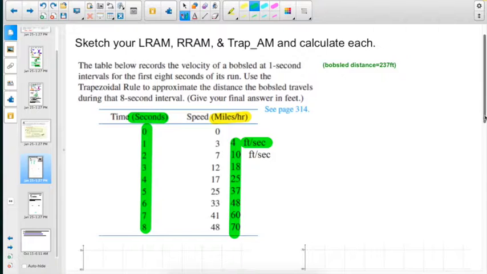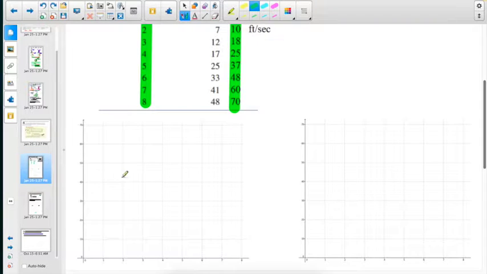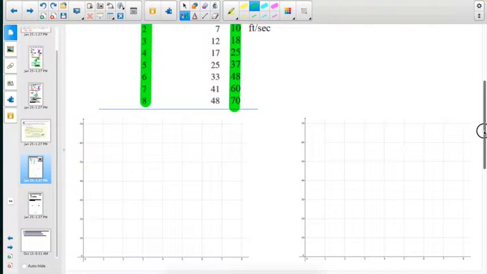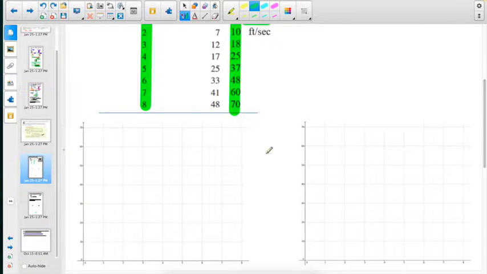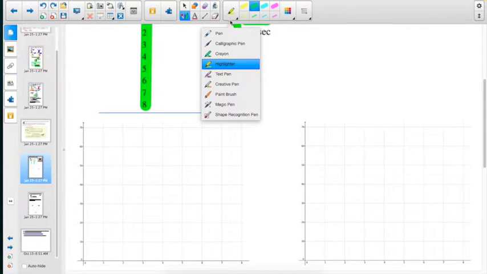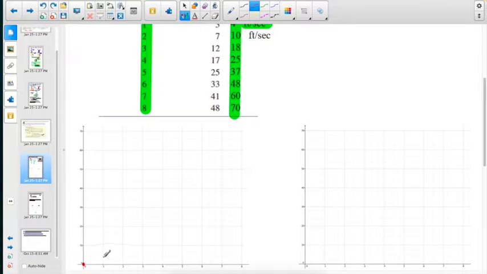And so if we graph this, you can see that the y-axis here is for miles per hour. So I'm going to go ahead and convert that as I plot this. So we're at 0, 0. So here's the first point, and then we're at 1, 3. So that's about right there. And then we're at 2, 7, which is about right there.